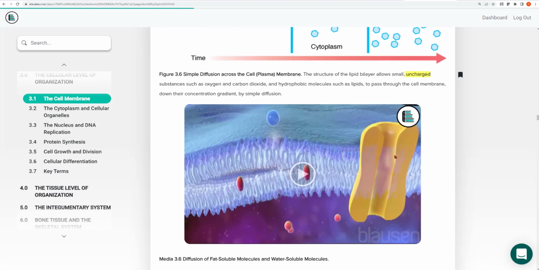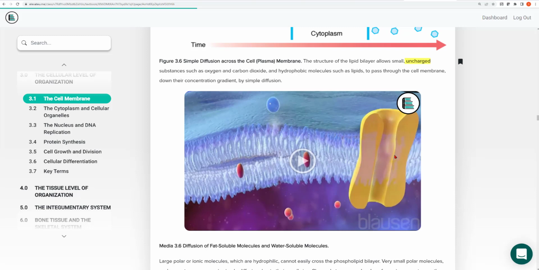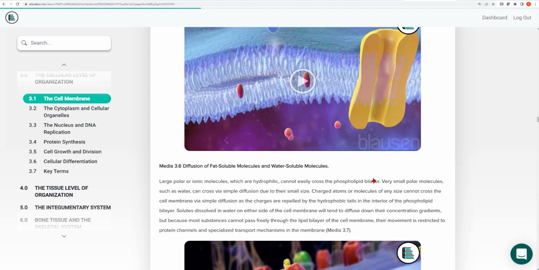But many molecules cannot simply travel across the membrane. Instead, they're going to need this big yellow integral protein. They're going to need a way that the molecules can travel from one side of the membrane to the other side.